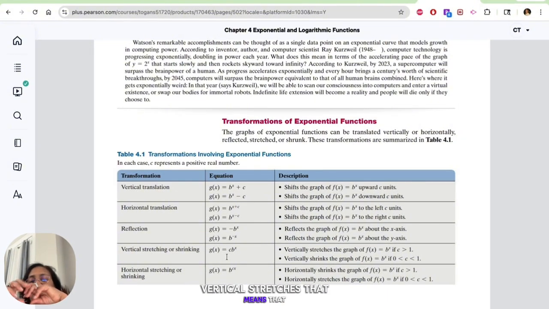Vertical stretches, that means I can have it rise faster, or go down faster. That's the decay function. So the growth function is up from left to right, and the decay function is down from left to right. Okay? All this means is that the number is in between 0 and 1. It's just a fraction. Okay?